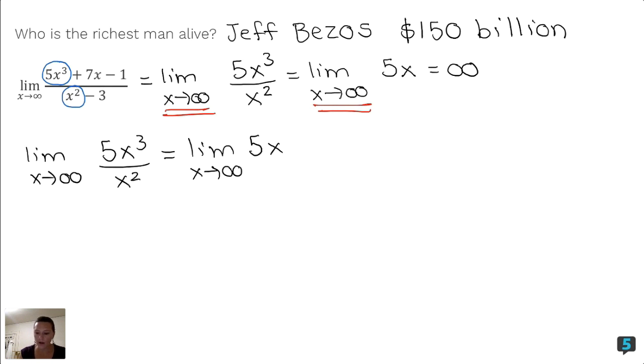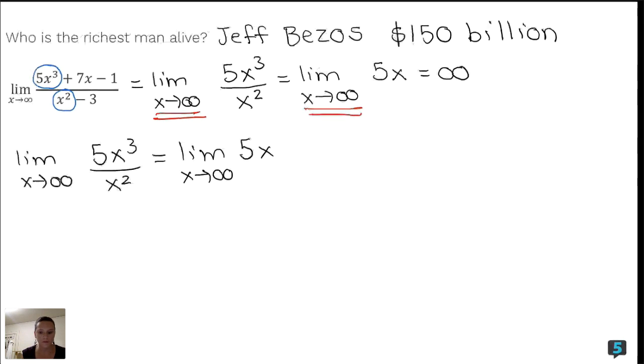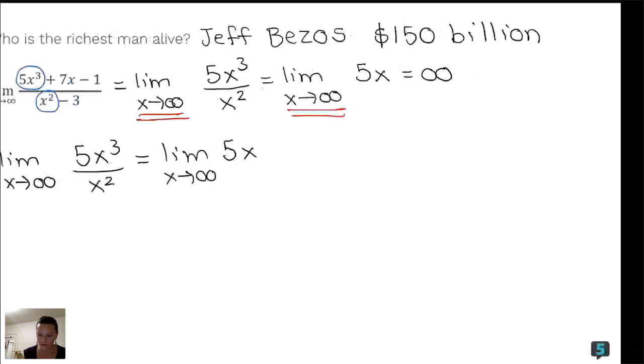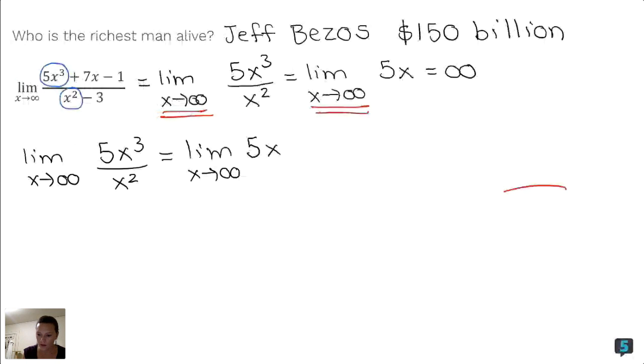All right, let's check out another example. Let's see, give me a second. This is what was happening to me at the beginning, too. That slide's not advancing for some reason.